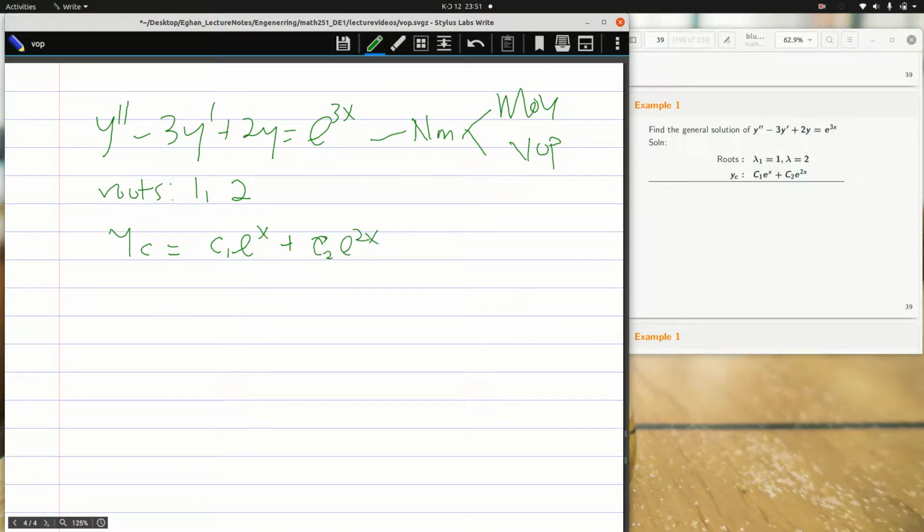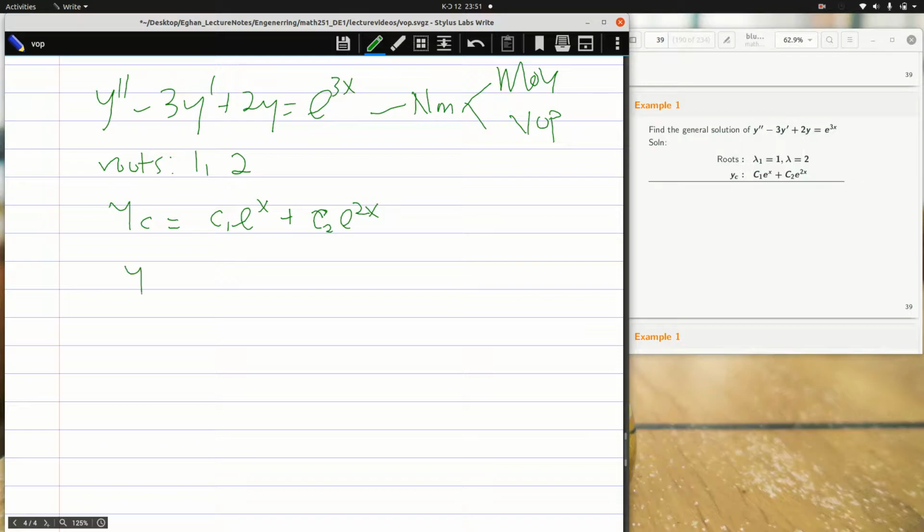Now for VOP, we say yp is a copy of yc. Don't mistake this for MUC, which is a copy of the g(t). So it becomes u1 e^x plus u2 e^(2x).